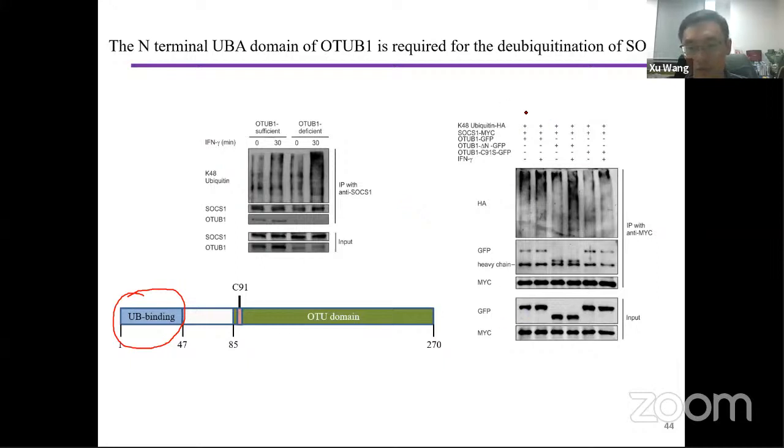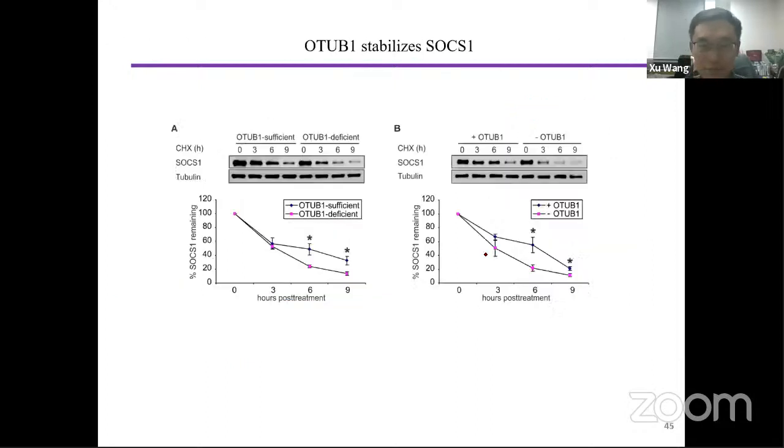And this is with this result, because K48 polyubiquitination regulates protein degradation, OTUB1 can stabilize SOCS1 because OTUB1 cleaves the degradation-promoting K48 polyubiquitination.